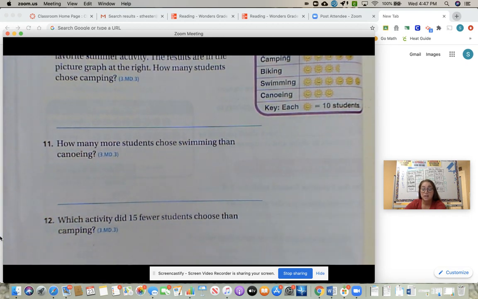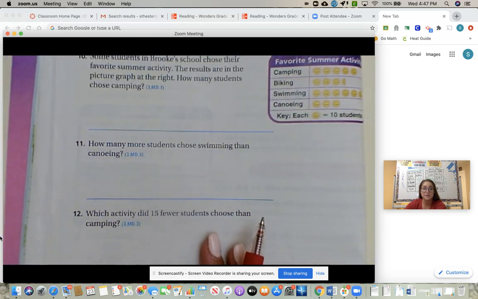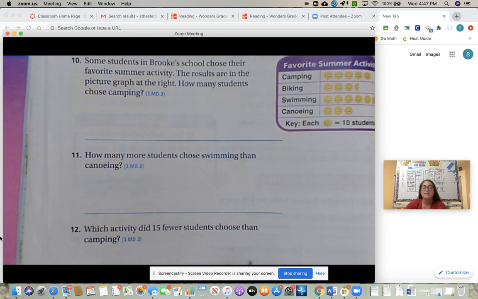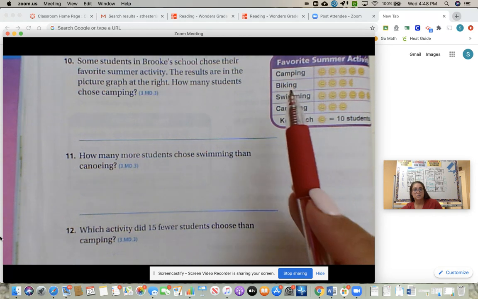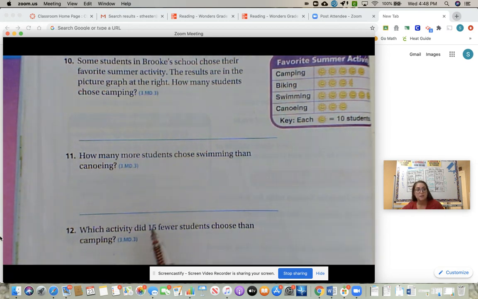Ooh, so we need to figure out how many students chose camping. And then there is a math verb. So you need to figure out which other activity did 15 fewer students choose. So you need to write the activity down.